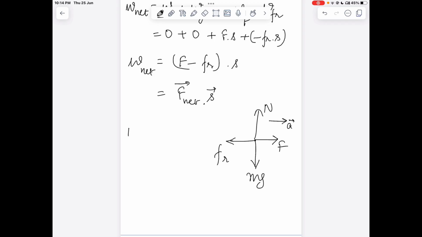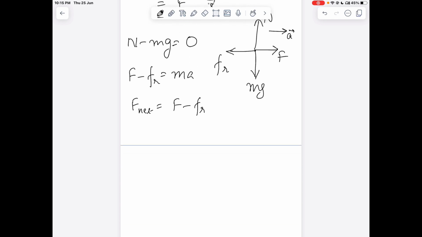So we have N minus mg equal to 0, because the acceleration in the vertical direction is 0, and F minus Fr equal to ma. So the net force is quite simply F minus Fr.